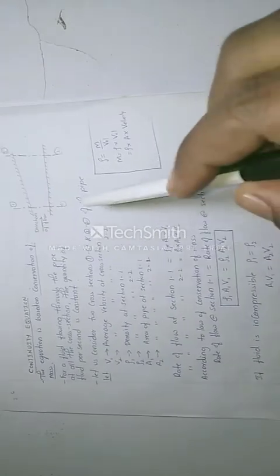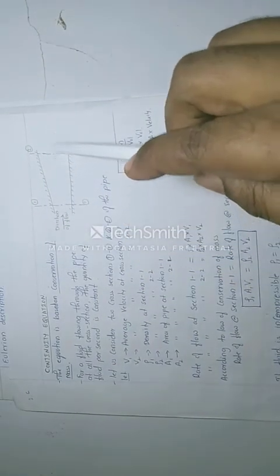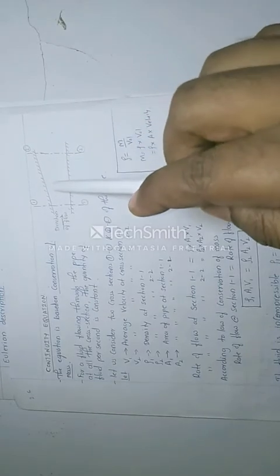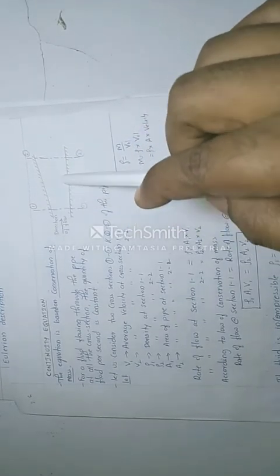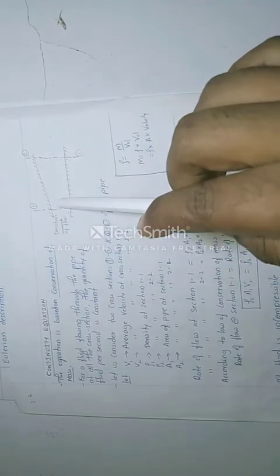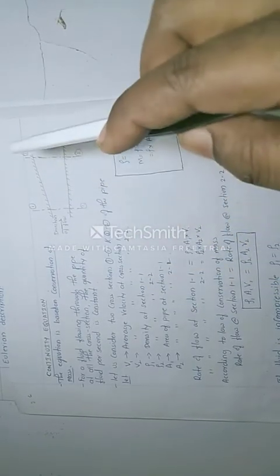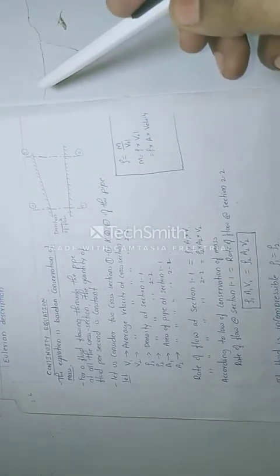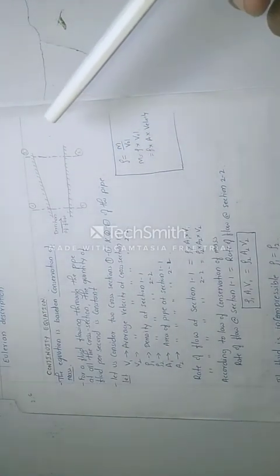Whatever mass enters a control volume, the same amount of mass has to leave the control volume if there is no storage. Or if some of the mass is stored inside, then the difference of mass has to come out of the control volume. So it's nothing but the conservation of mass principle.